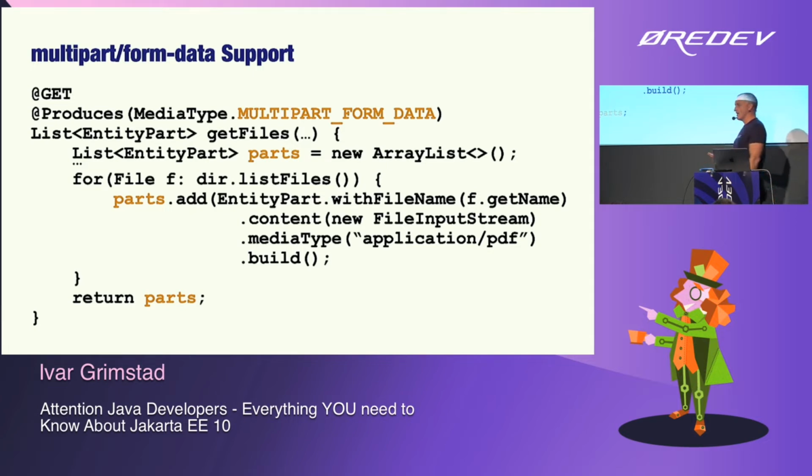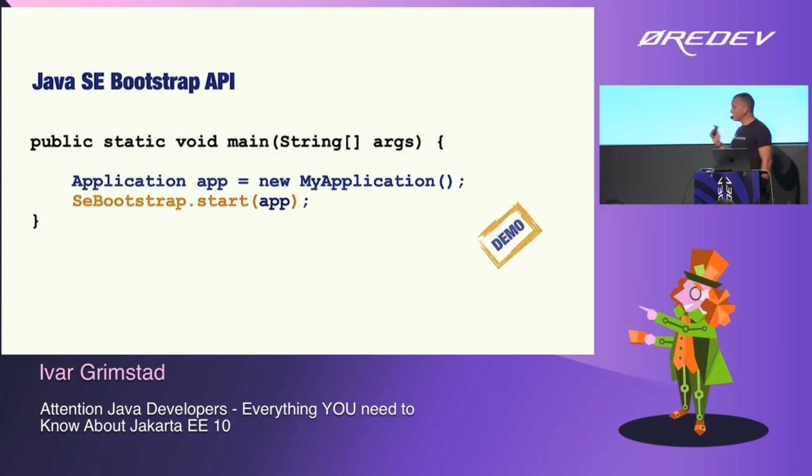You could have done it in a standard way, in RESTEasy or Jersey way before, but now we can do it in a standard way. The other cool thing that Jakarta REST introduced, and this is something that has been requested, and that is support for Java SE.